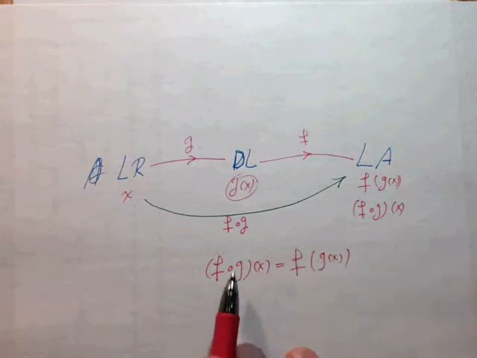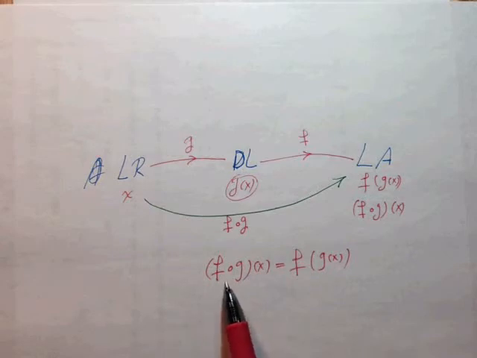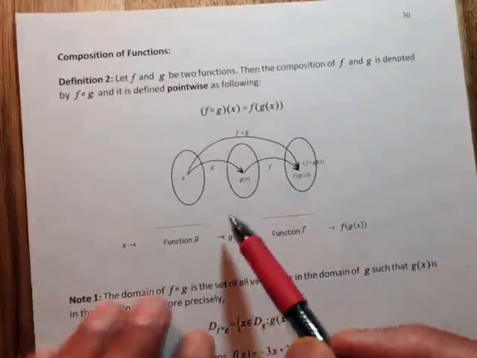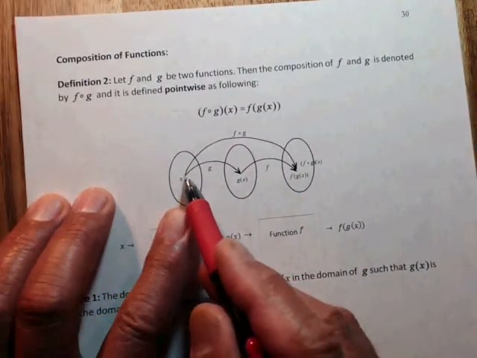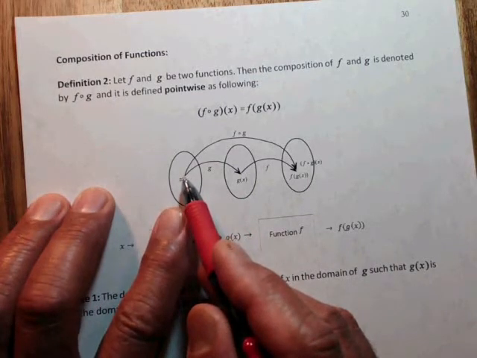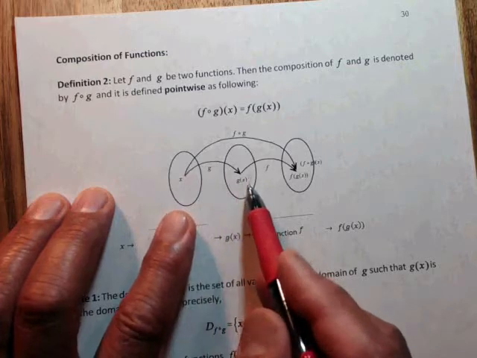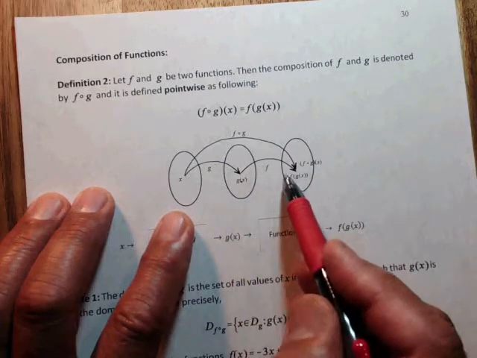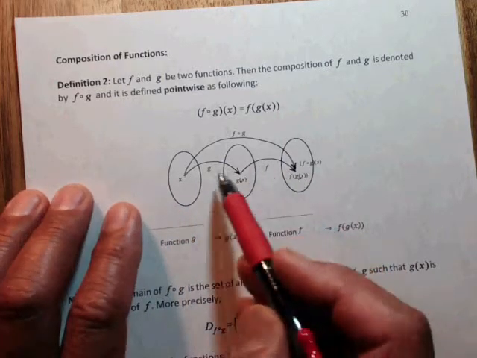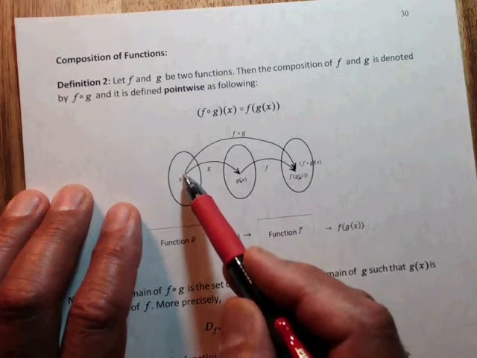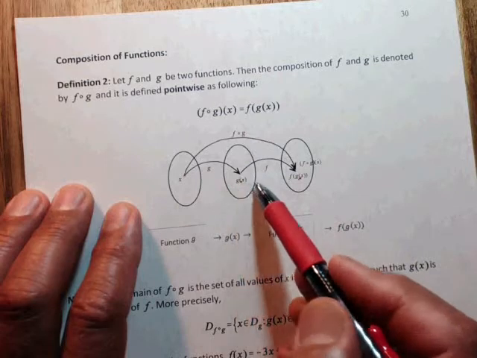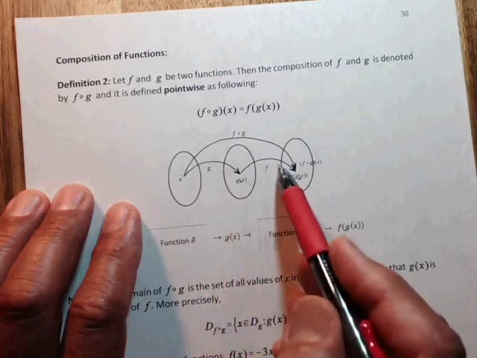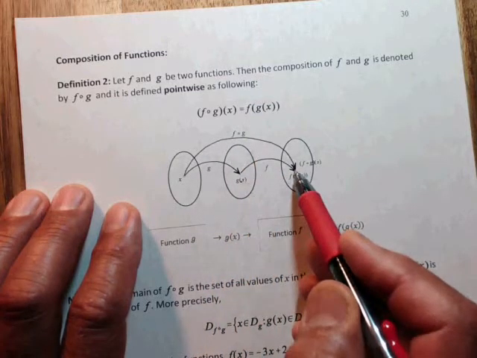So this is how you define composition of a function. You see, this is the set X. You are X here, and by function G, this function G takes X and makes it become G of X. And then G of X now by function F becomes F of G of X. But if you go directly from X at the beginning to the end and bypass the one in the middle, then it is actually F circle G. I call it F circle G. So this point is the same thing either way.